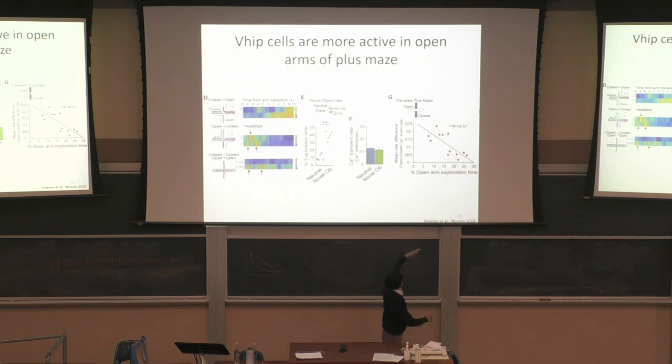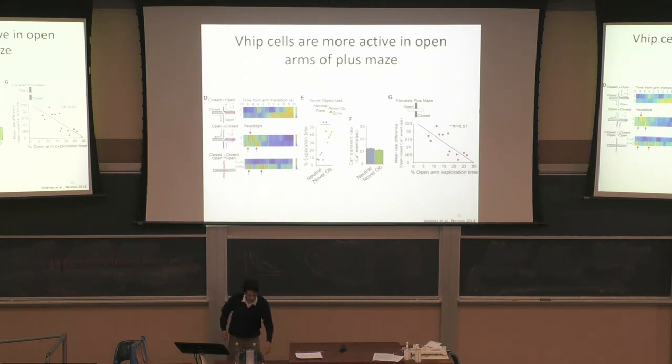So mice that are more on the left were more scared of the open arm. Mice that are more on the right explored the open arms more, so they're presumably less scared of the open arms. So that's the x-axis. The y-axis is the average difference of ventral hippocampal cells for a particular mouse of the activity rate in open arms minus activity rate in closed arms.